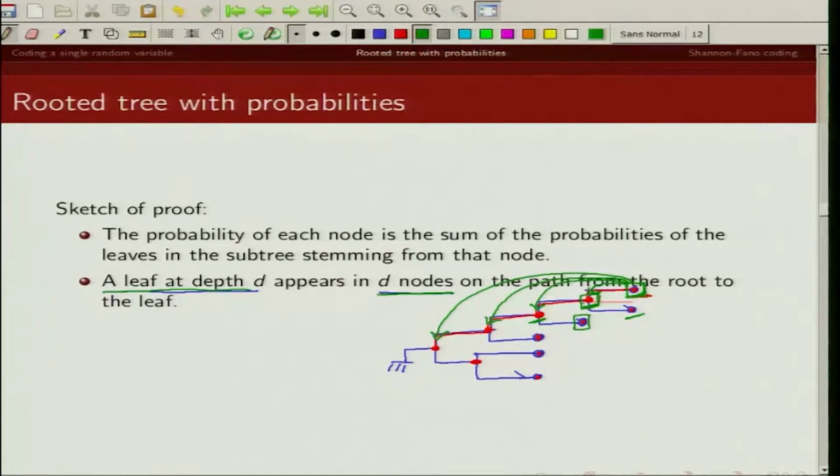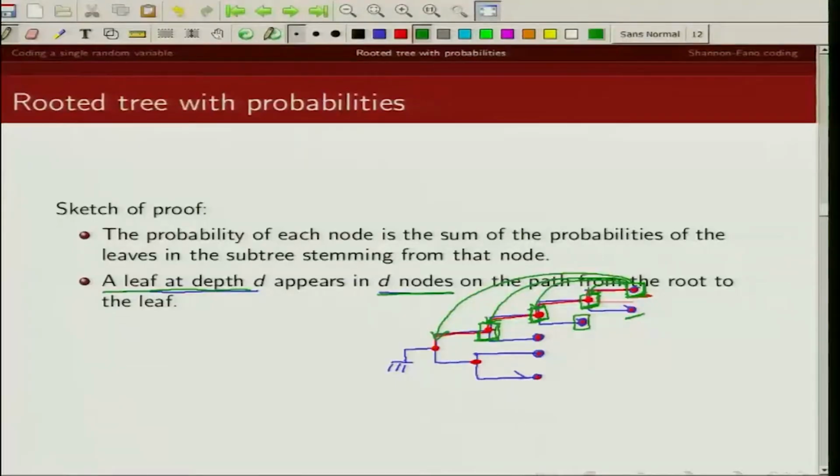Now the probability of this node affects the probability of this node, so this probability will also affect this. This probability in turn affects the computation of the probability of this node, so it will also appear here. So you can see that if a leaf is at depth d, its probability is going to appear in d nodes on the path from the root to the leaf.